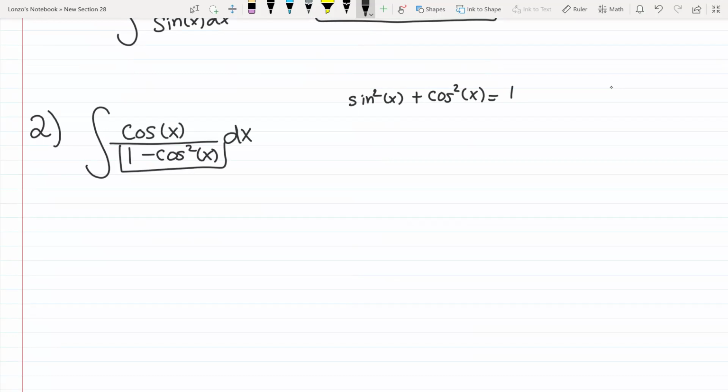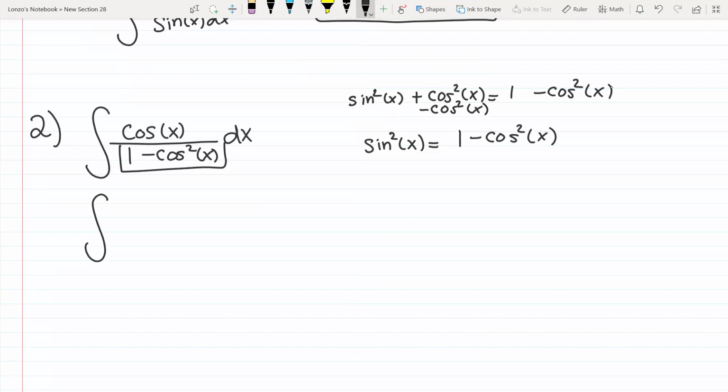Maybe if I subtract cosine square x from both sides, you get sin square of x equals 1 minus cosine square of x. Okay, so this would be simplified as: this top is just cosine x. The bottom, 1 minus cosine square x, is just sin square of x, because we just simplified it. And then we have a dx.